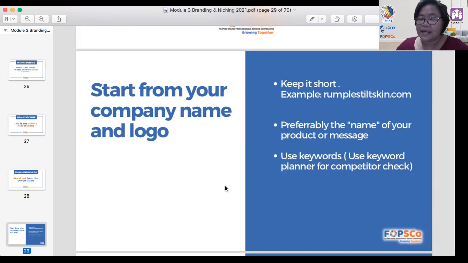If, kunyari, your company name is Rumpelstiltskin, then probably you'll be getting a URL that's rumpelstiltskin.com, which is a challenge. Hi, can you send me info about your products and services?